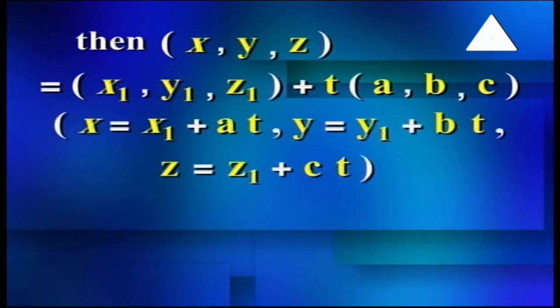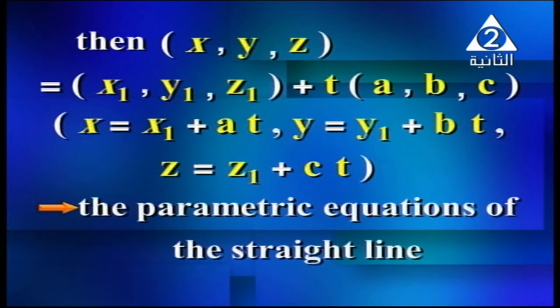Therefore, the parametric equations are: x equals x1 plus at, y equals y1 plus bt, z equals z1 plus ct. These are the parametric equations of a straight line.